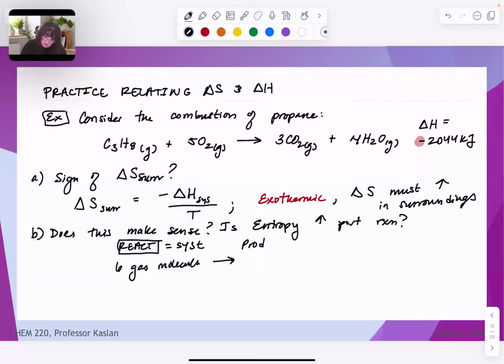And then remember, our products are what we consider like the resulting surroundings. So like the product, the post is the surrounding, and then also everything else around it. And afterwards, we undergo our combustion. We've got 1, 2, 3, 4, 5, 6, 7 gas molecules.